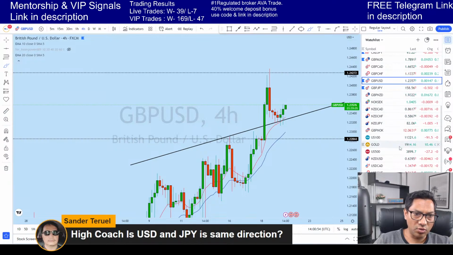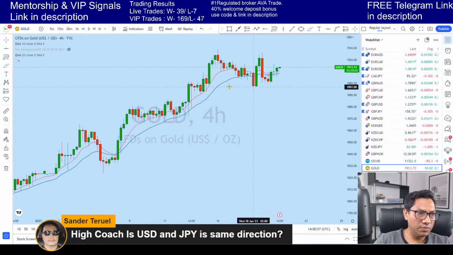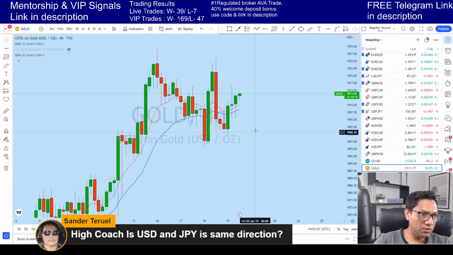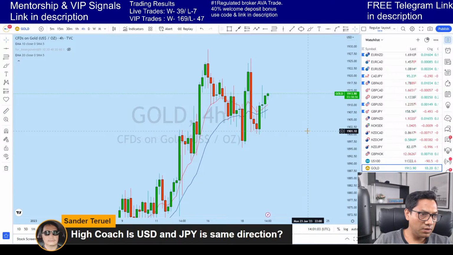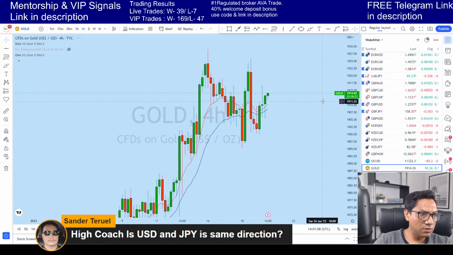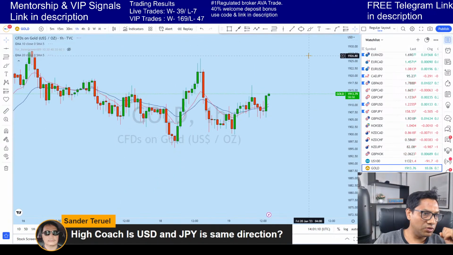So you have seen a candle close, we see some bullish price action on gold. Okay, so we see a very strong bullish price action.